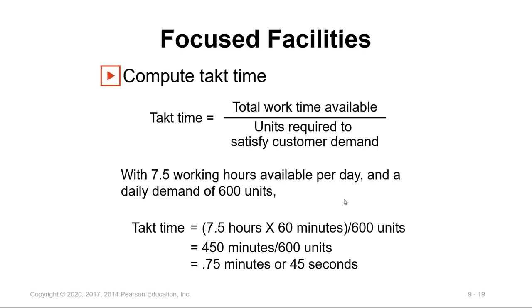For example, if there are 7.5 working hours available per day and daily demand of 600 units, then the takt time will equal 7.5 times 60 minutes divided by 600, which equals 0.75 minutes or 45 seconds. That means that every 45 seconds I have to have a unit produced or out from that production line.